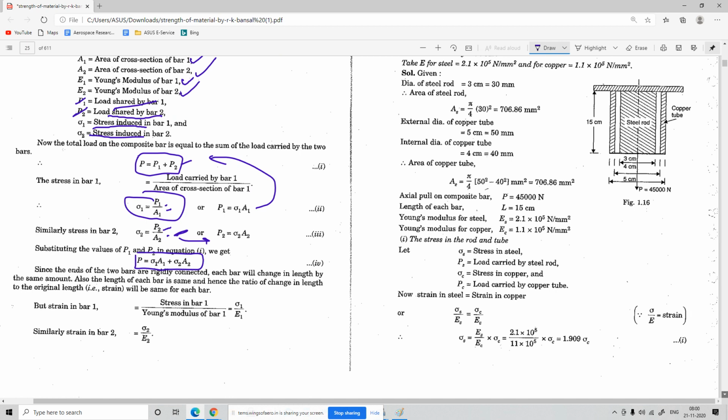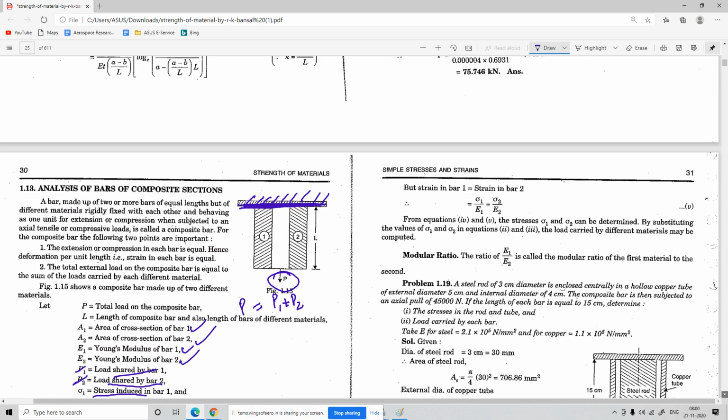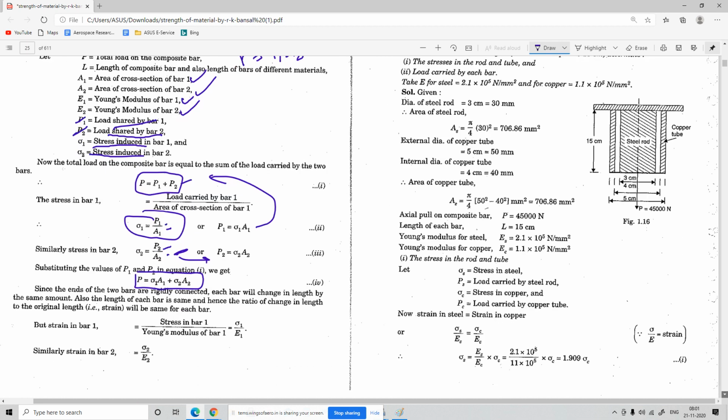Now coming to the strain. Both the bars are connected in the same fixed zone, and there is some kind of plate where altogether the load is acting at some point, and the length of the bar is the same.